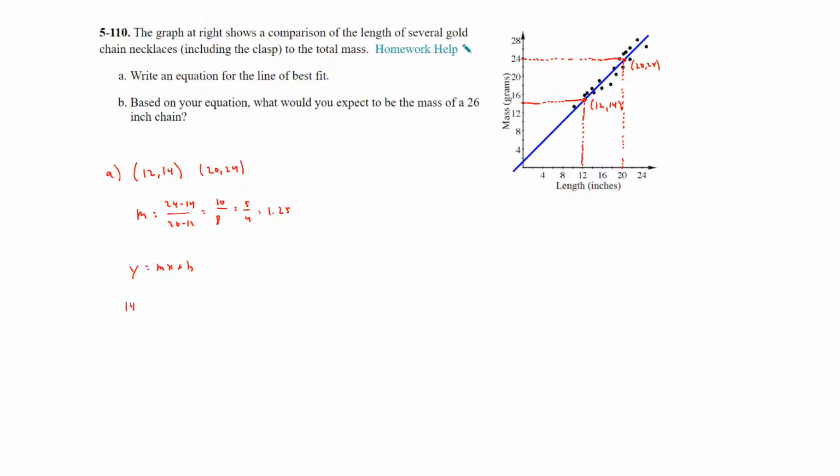So 14 is equal to 1.25 times 12 plus b. So if I take 12 times 1.25, I will get 15. 14 is equal to 15 plus b. Subtract 15 and I get b is equal to -1.